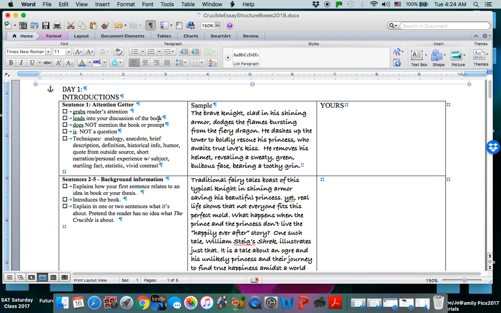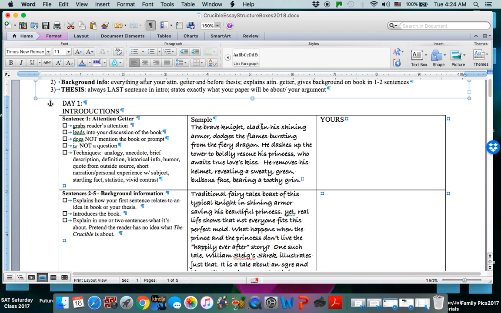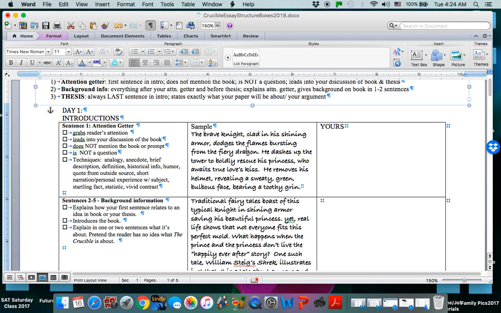So, here's a sample. Now, note that my attention getter here is actually more than one sentence. But it has to fit all of these requirements.